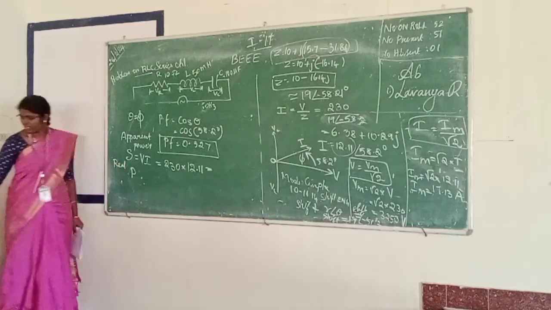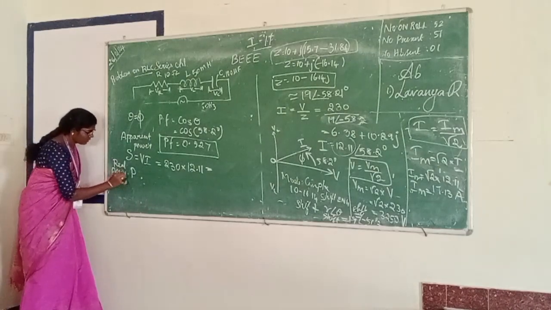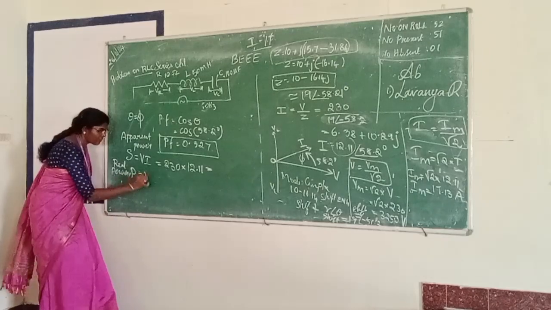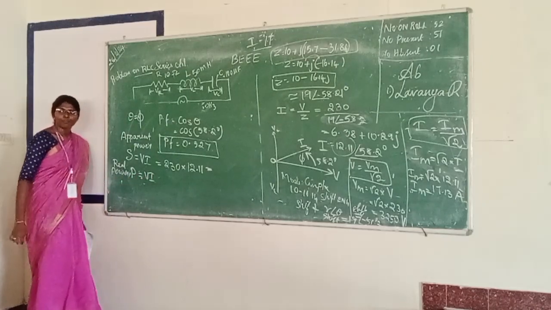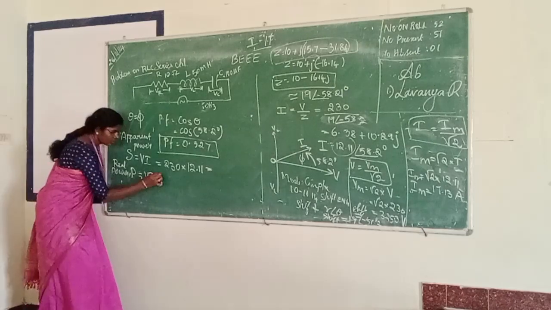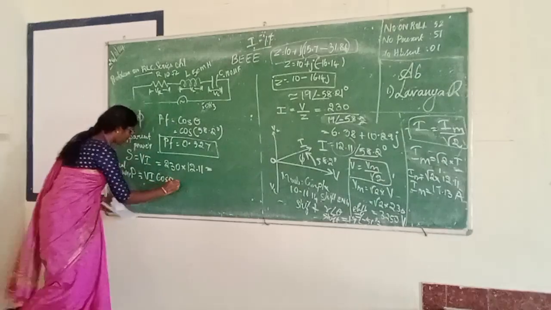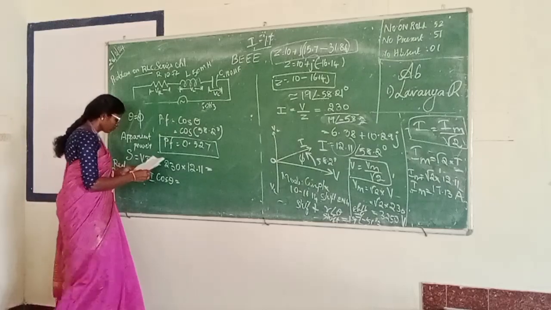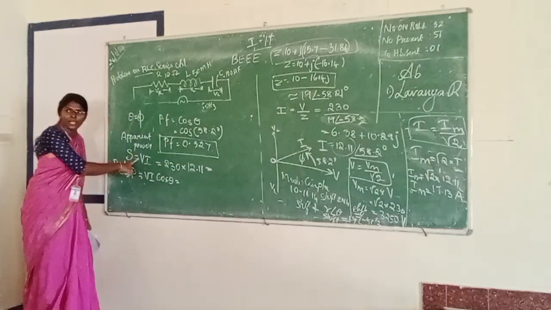Next, what you have to calculate? Real power. Real power is represented by P. What is the formula for real power? In AC circuit, VI cos theta. And now, VI is what we have found out in the apparent power, right?